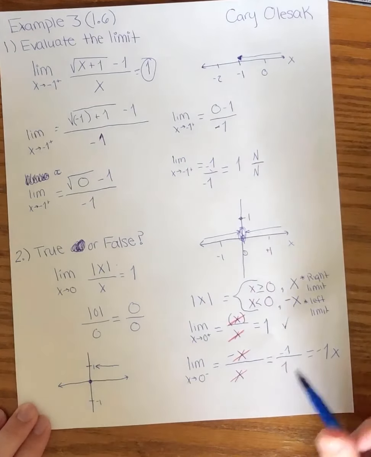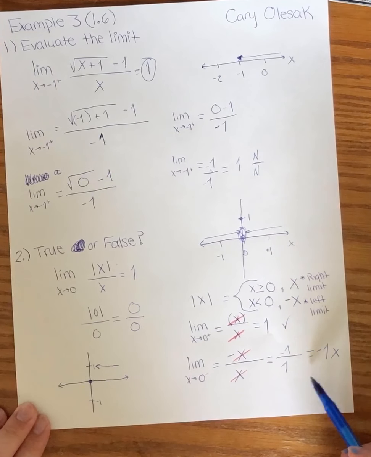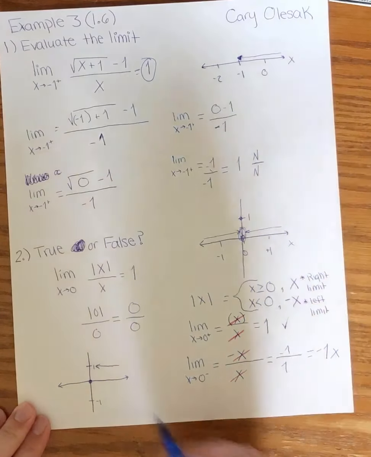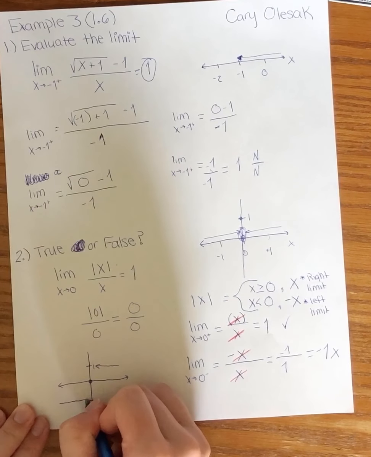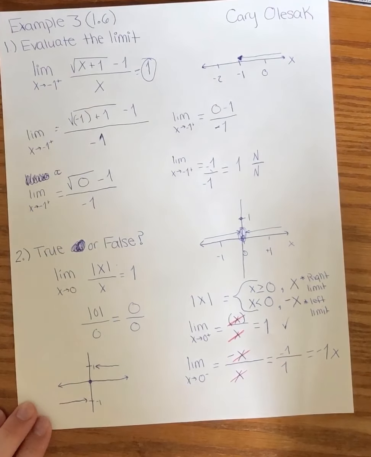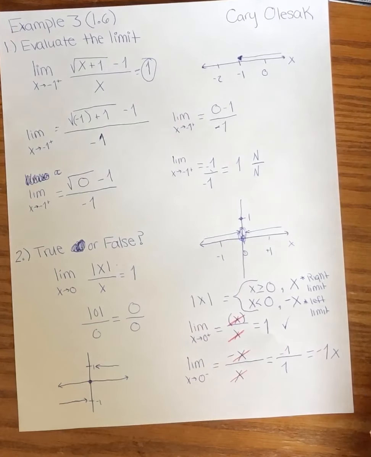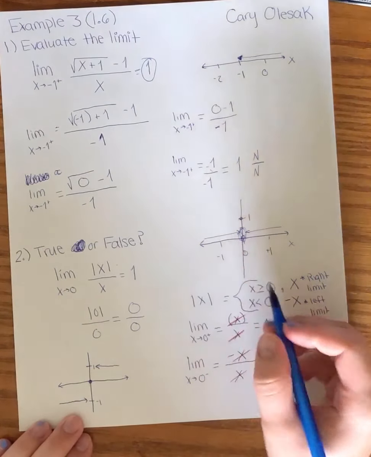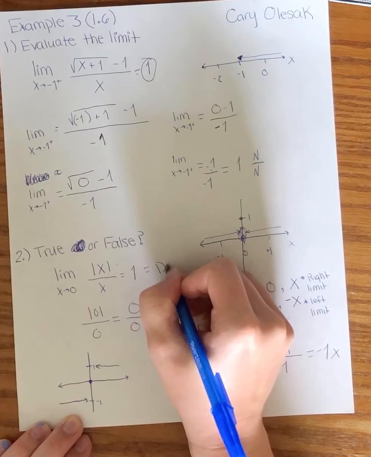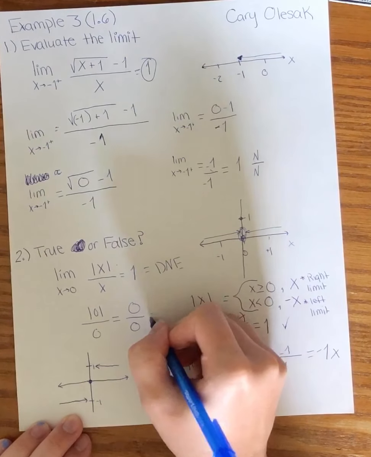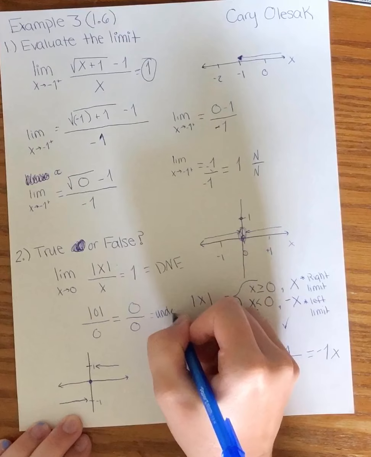But from the left side, the function is going in this direction. So that tells me that the limit for this problem does not exist, because this is undefined. We already know this is undefined.